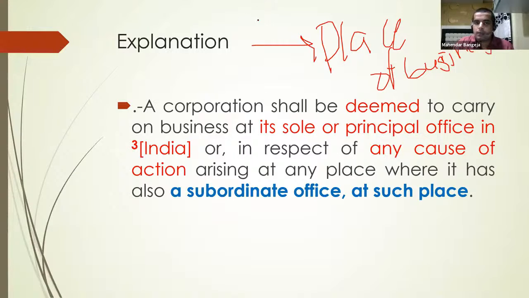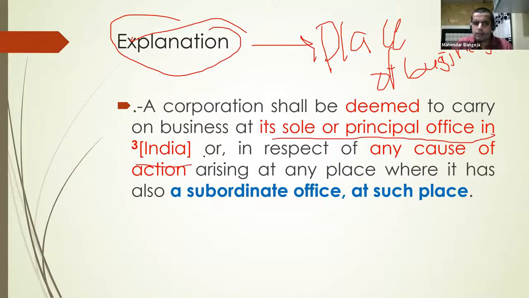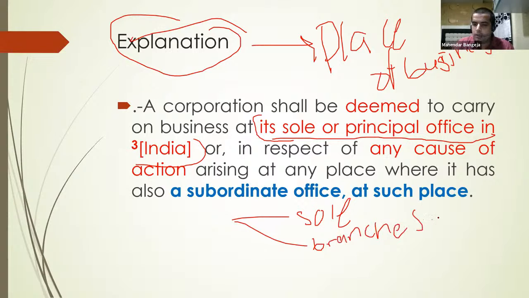The explanation for section 20 says that if the corporation has only a sole or principal office in India, सिर्फ एक ही ऑफिस है, that sole or principal office will be the place of business. But if the corporation has branches, and the cause of action of this suit arose at one of the branches, so that branch office will be the place of business.